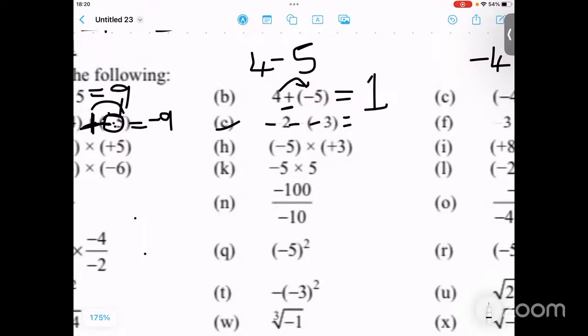And then after that, you're going to multiply the numbers by saying 2 minus 3. Yes, it gives you a -5.